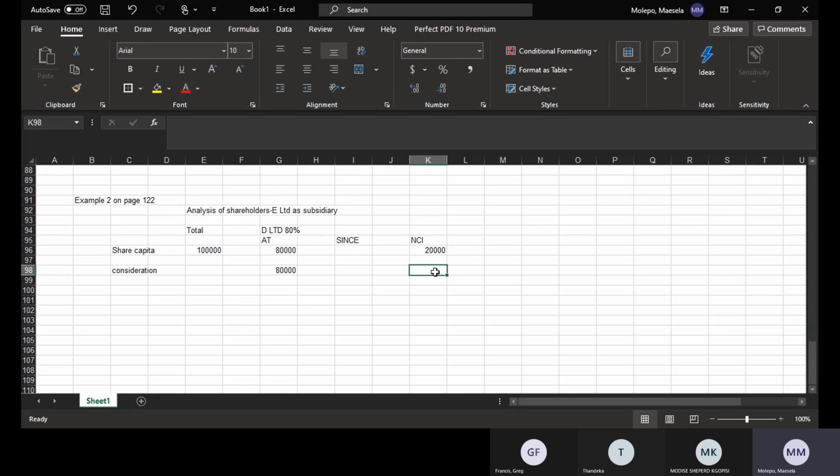So here they should be sitting at 20. And then we have since acquisition.